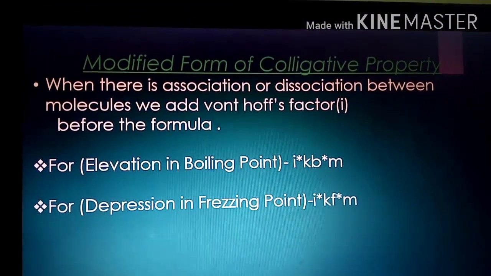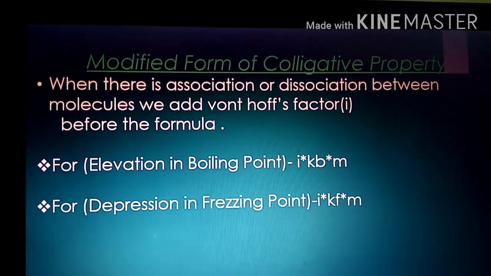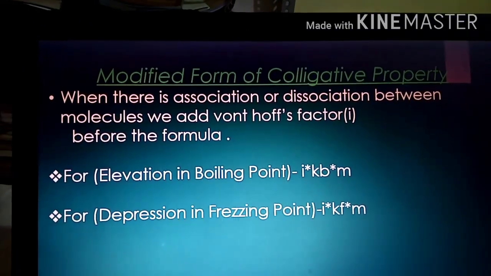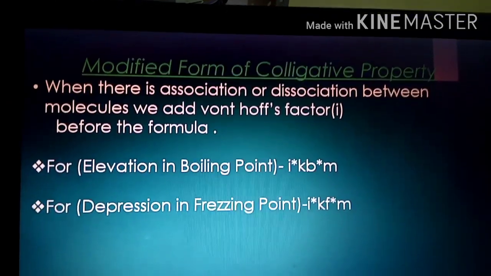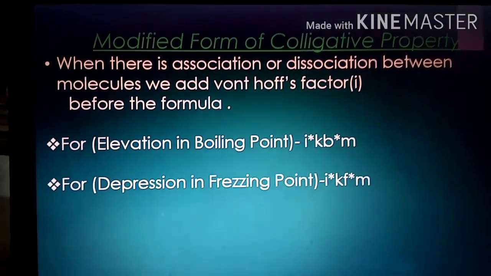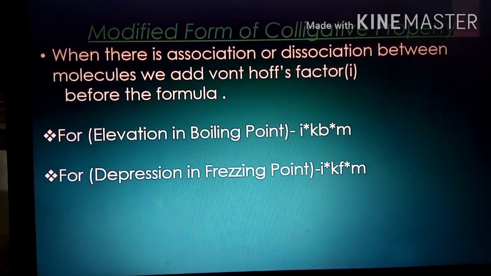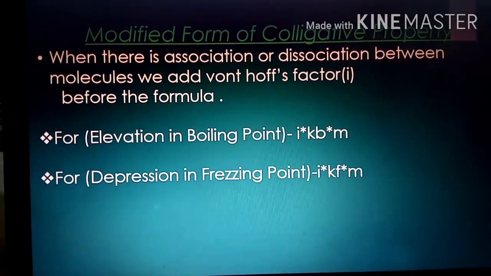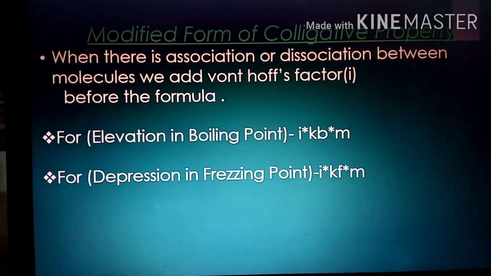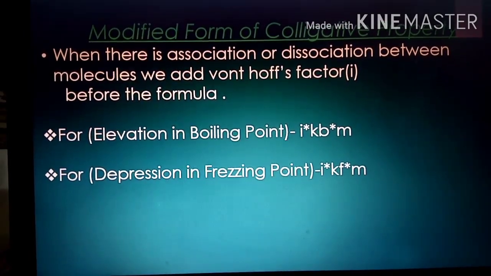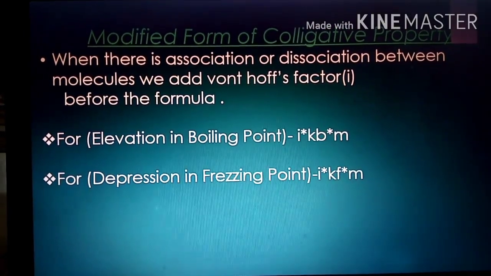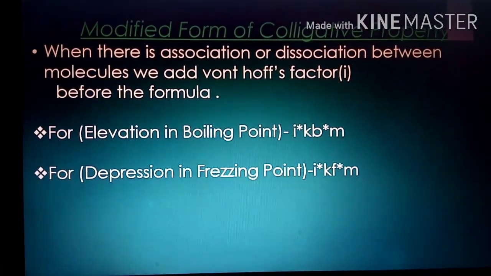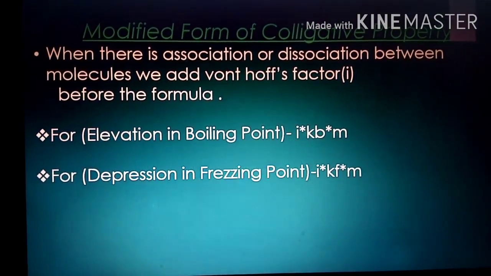In case of dissociation, we have to remember that molecular mass decreases, and in case of association, molecular mass increases. So when we write the elevation in boiling point formula in modified form, we have to add small i, the van't Hoff factor: i into Kb into m. The formula remains the same, only the van't Hoff factor is added.